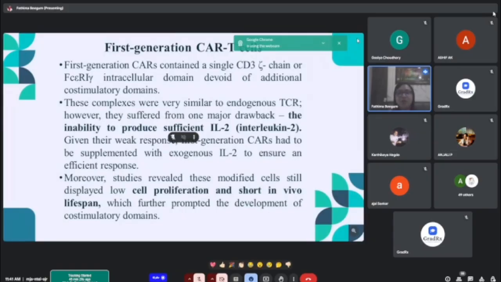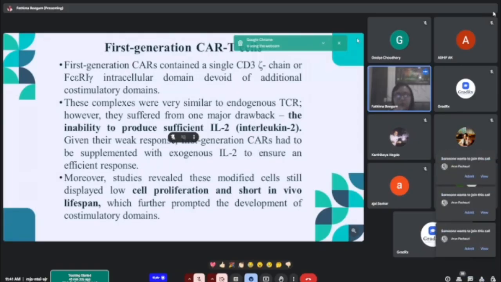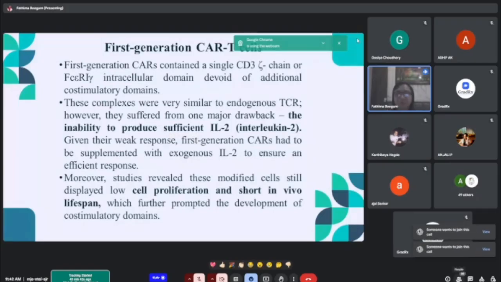That is one of the major drawbacks. So we have to provide exogenous IL-2 for an efficient response. It has less T cell proliferation and a short in vivo lifespan. That was the main drawback of the first generation. The only difference is in the structure: it doesn't have a co-stimulatory domain.